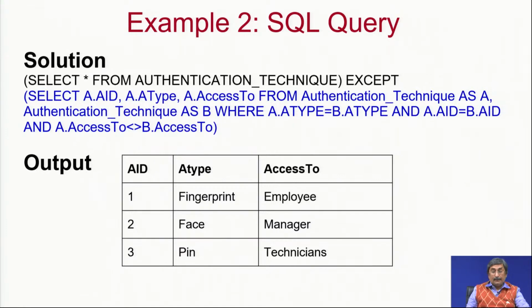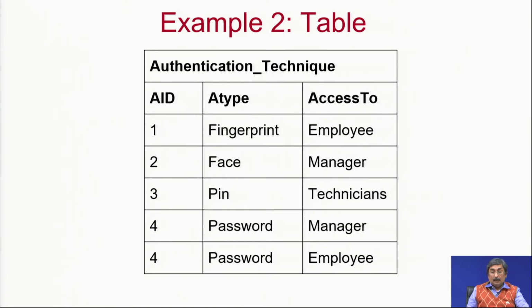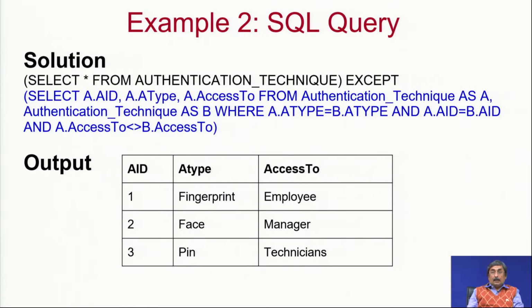So this table minus whatever you have got: the inner query gives me the last 2 rows, so the original table minus the newly obtained table, I do a minus. What I get is simply the first 3 rows. That is exactly what I have got.